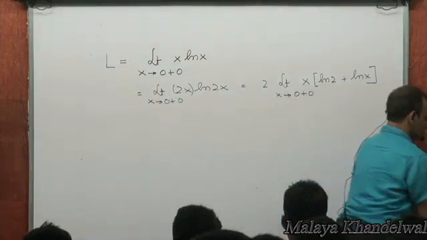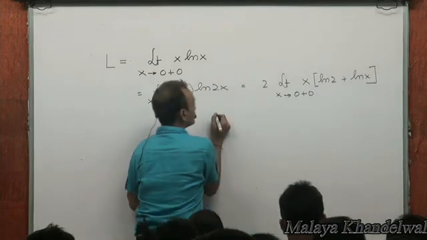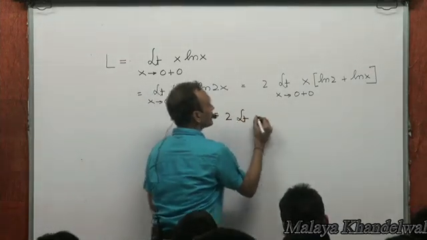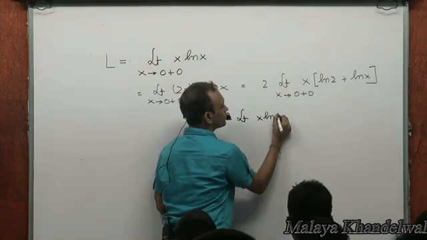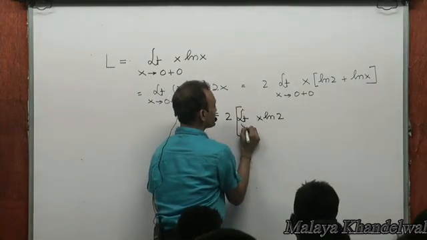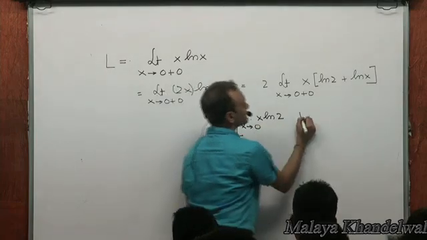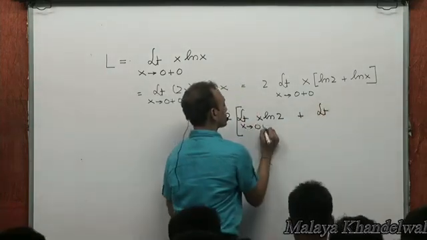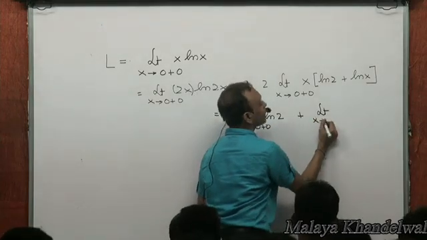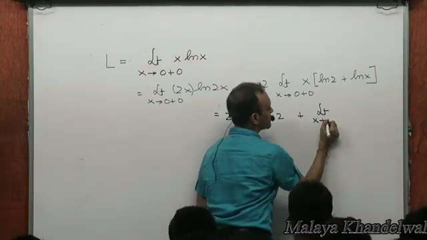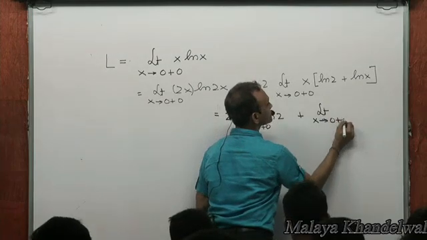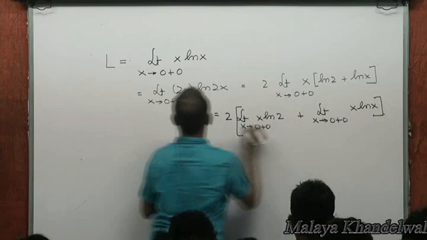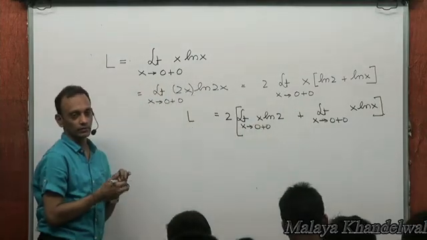Which is like twice limit x ln 2 plus twice limit x ln x, as x tends to 0. Assuming the limit exists, limit of the sum will be sum of the limits. Yes or no? All of this is L?